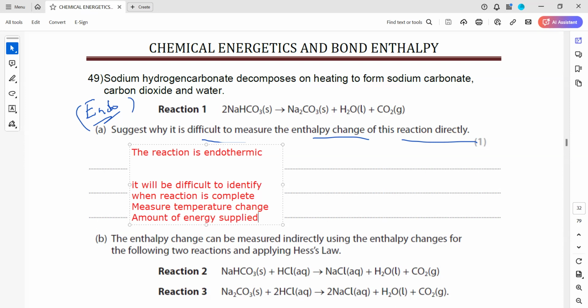So you can mention any one of them. I specified three. First, you should mention it's endothermic. Then any one of the others you can mention.